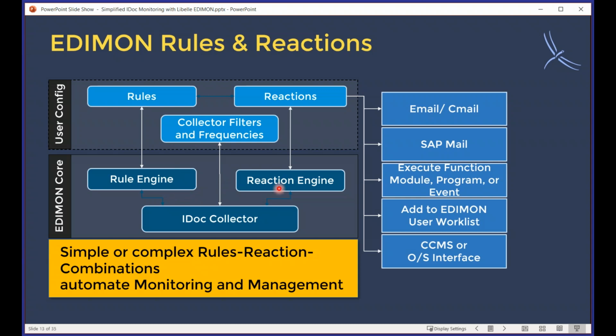And then after a certain condition is met, I want to trigger a reaction, which can be as simple as an email, an SAP mail. We can trigger function modules. We have user worklists where we assign IDocs to a specific user and say, here are the 20 IDocs for today you need to fix because that's in your responsibility. And then we can also trigger things on the operating system.